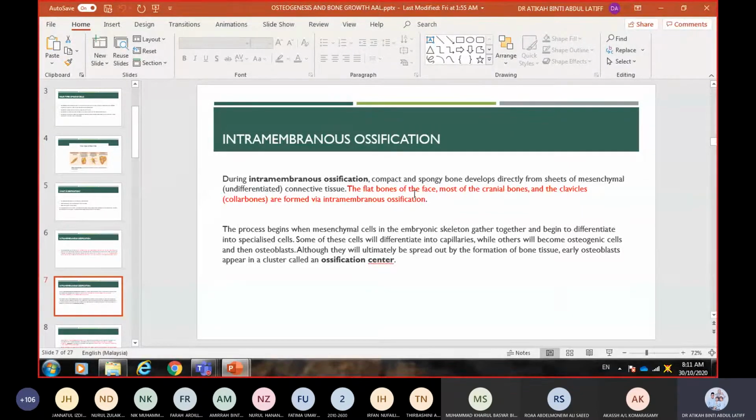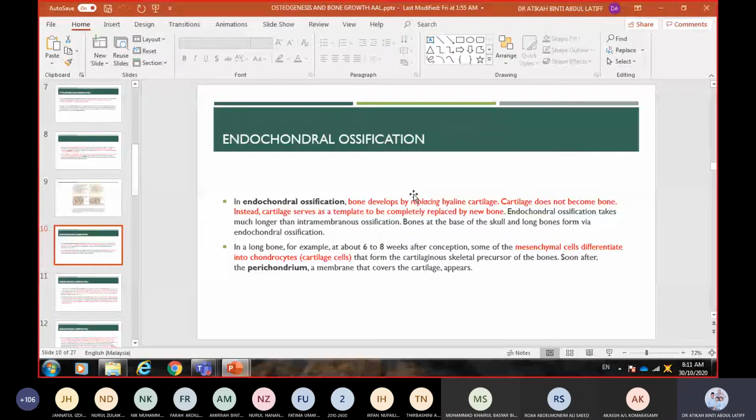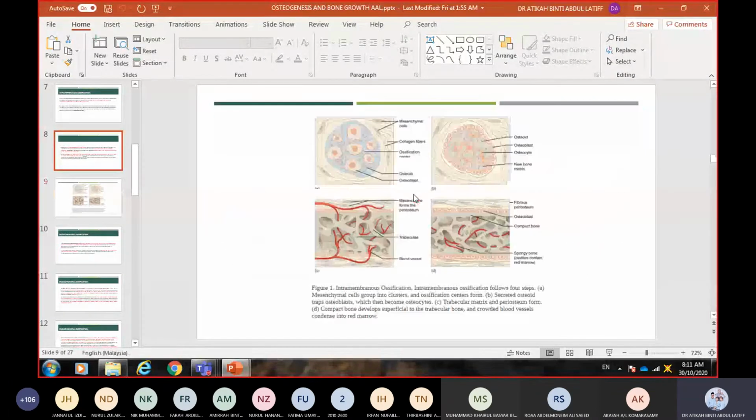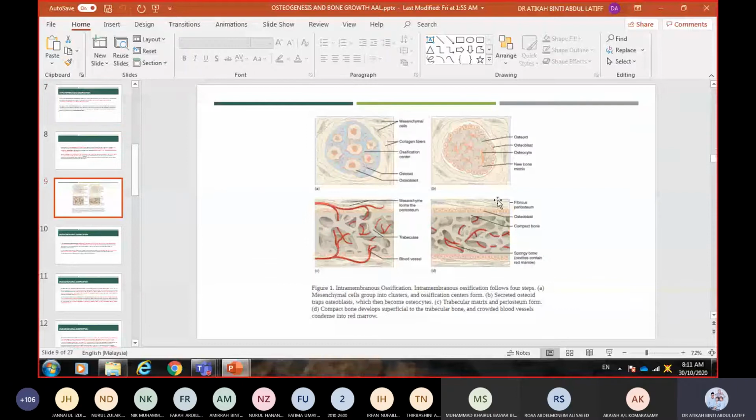All the other bones in the body are formed by the next type of ossification, which is endochondral ossification. But we will just take a look at how intramembranous ossification occurs. I'll show you the picture first because it's easier to see. These are the 4 steps involved in intramembranous ossification.